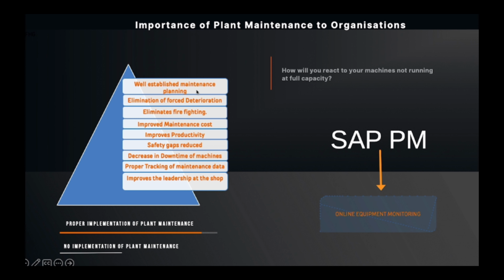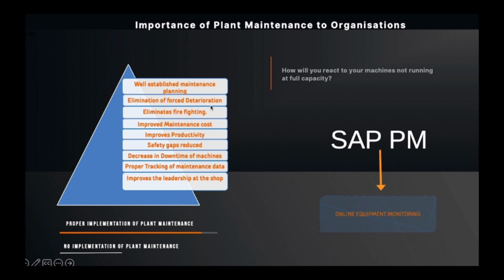Now, if I have a well-established maintenance plan in place in my organization, there is every possibility of eliminating forced deterioration. When we talk about forced deterioration, it simply means that a particular machine over time had displayed signs of failure, but there has been no prompting by the engineers or technicians to go for replacement.